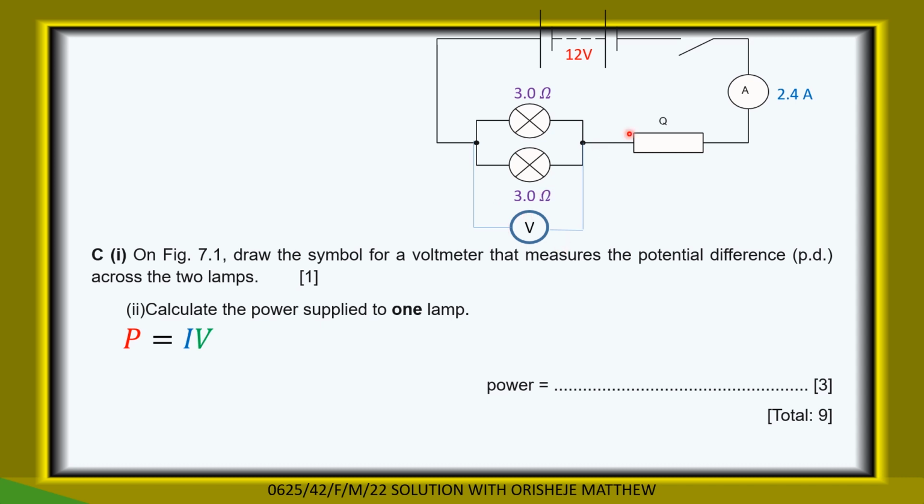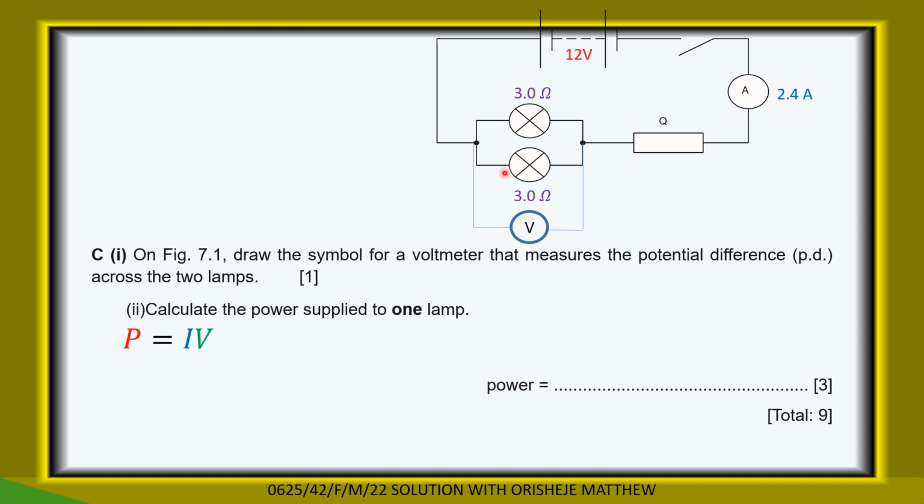The PD across the 2 lamps is the same, but we need to find the PD across these 2 lamps, and then the current flowing in one of the lamps. Since both of them are equal, they split the current. The total current is divided into 2 equal parts, so the current becomes 1.2 ampere.